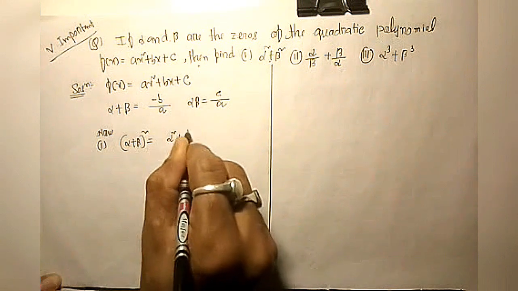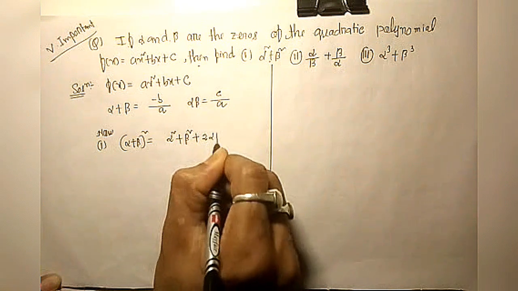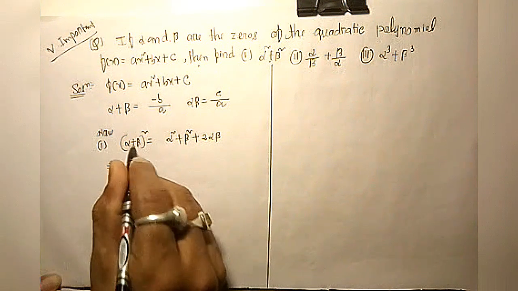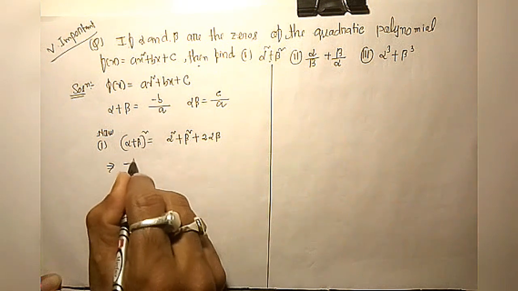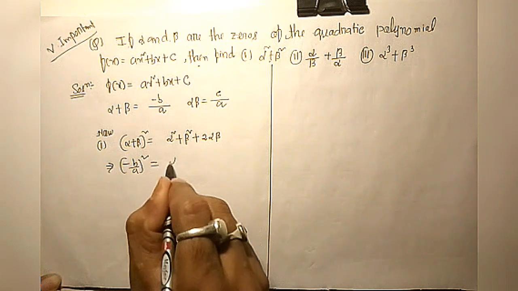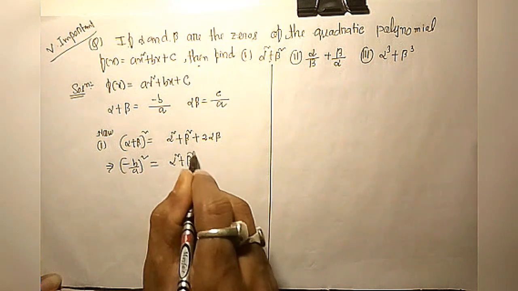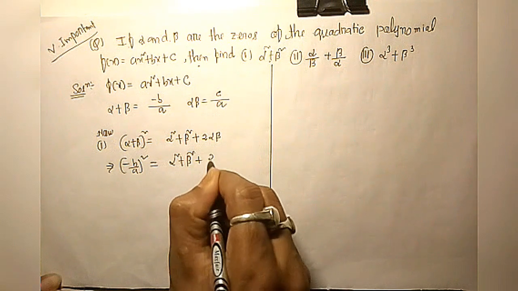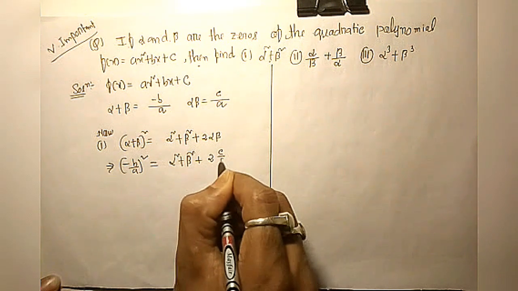So alpha plus beta whole square means alpha square plus beta square plus 2 alpha beta, in the (a plus b) whole square form. So alpha plus beta means minus b by a whole square equals alpha square plus beta square plus 2 into alpha beta, which is c by a.